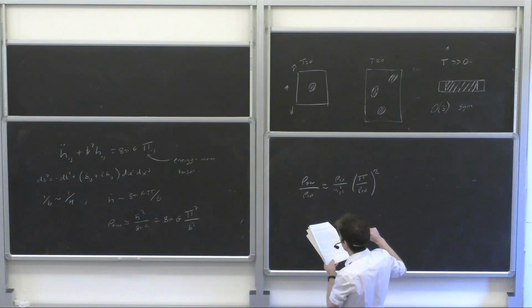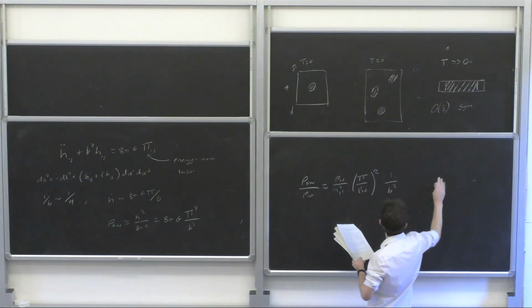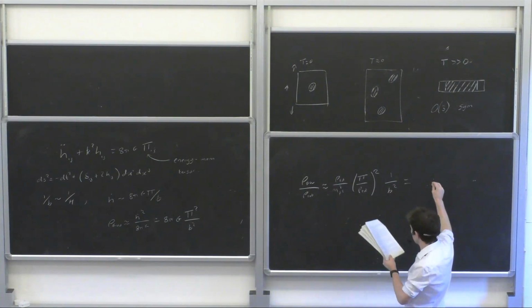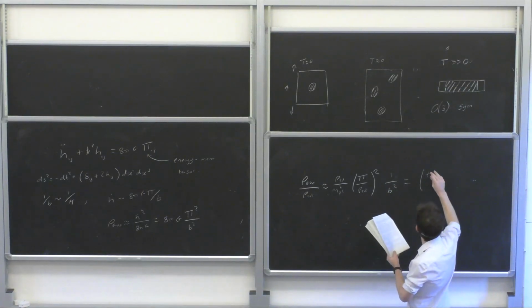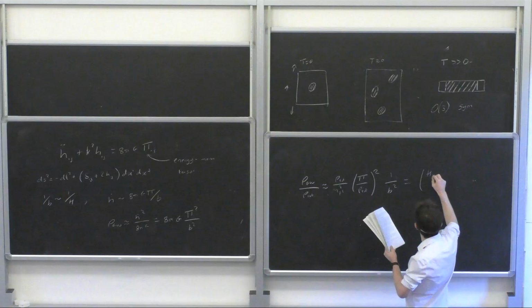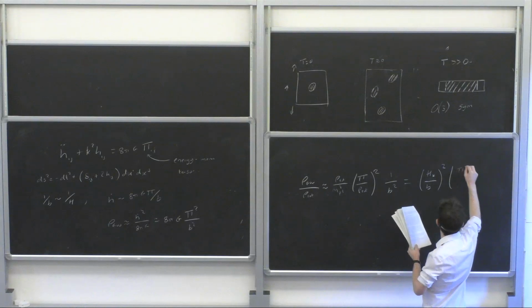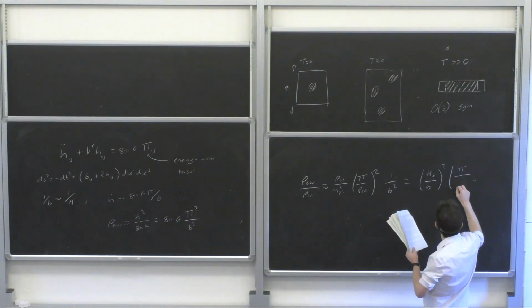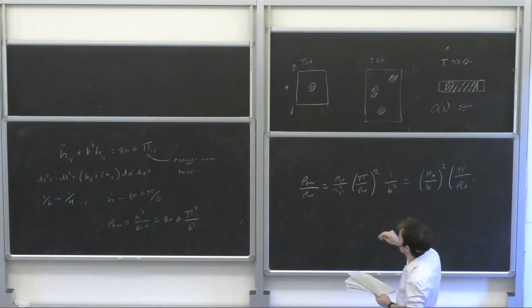Okay, and then 1 over b squared, which is approximately equal to, unless I got some definition of b upside down, schematically the Hubble parameter at the time of the phase transition divided by b squared times this.